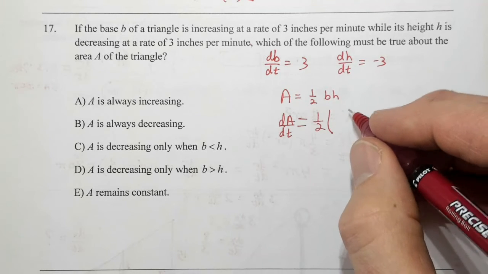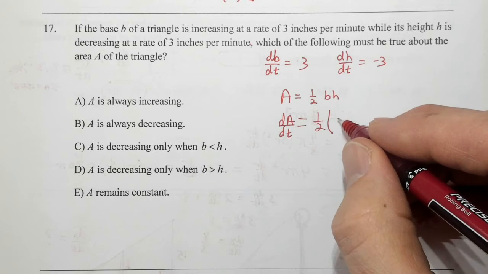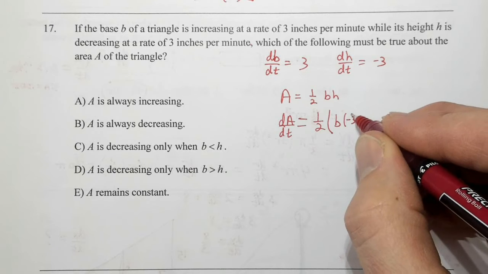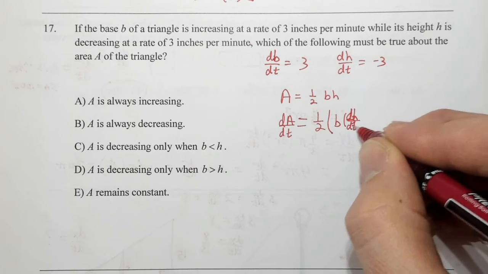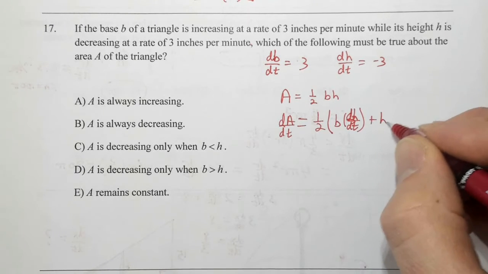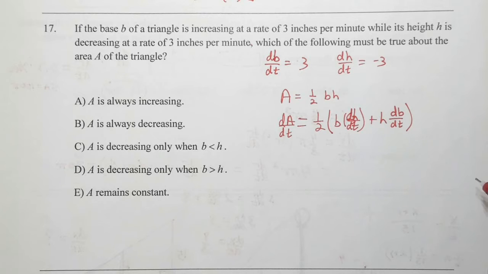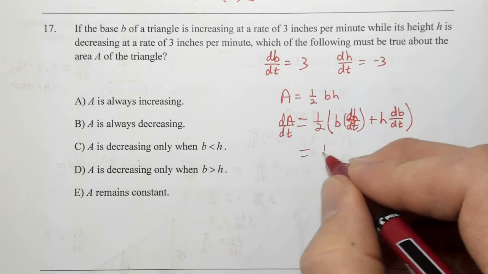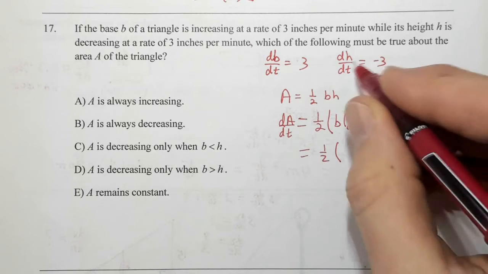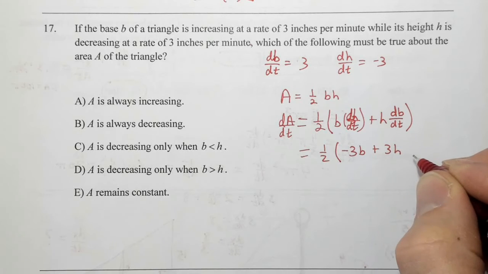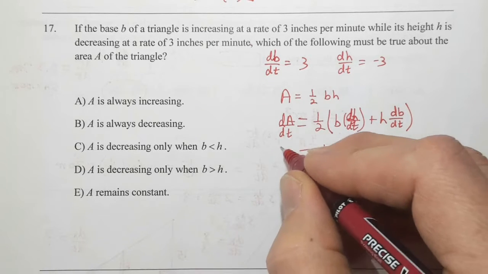So we'll keep the b and derive the h, so dH/dt, plus now we keep the h and derive the b. So we have b dH/dt plus h dB/dt. All right, but dB/dt is 3 and dH/dt is negative 3. So we have 1/2 times negative 3b plus 3h. And that's dA/dt.